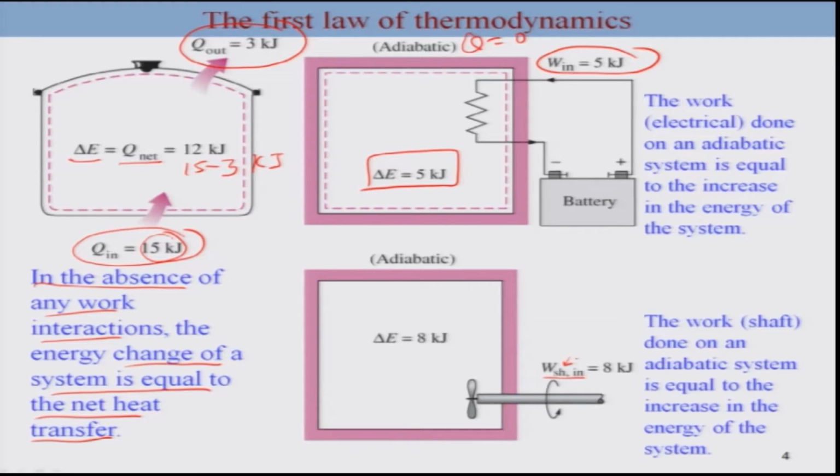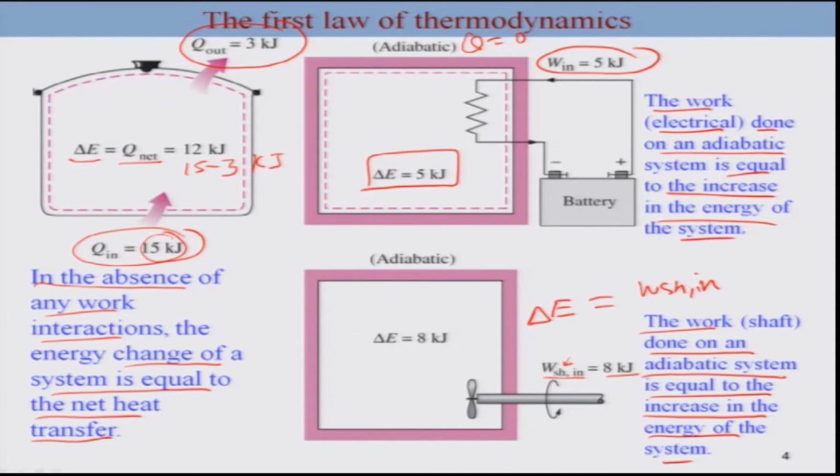This is a representation of a shaft. W shaft in is 8 kilojoule, thus your delta E is nothing but W shaft in. So the work done on an adiabatic system is equal to the increase in the energy of the system, and for the case of electrical work done on an adiabatic system, it is also equal to the increase in the energy of the system.